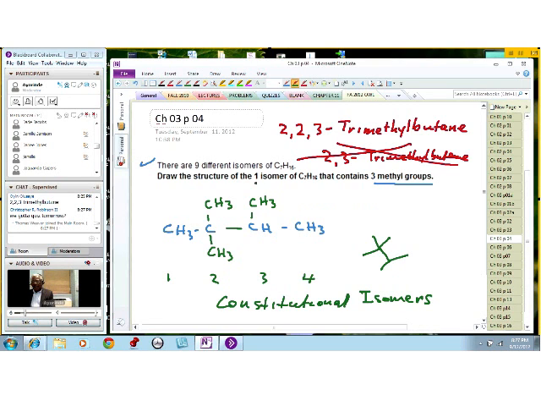You notice what they tell you here, that using this formula here, you have 9 constitutional isomers. I would simply ask you, when you have the time, when you go home tonight, go ahead and write out all of those different constitutional isomers. Okay, let's go to the next one.